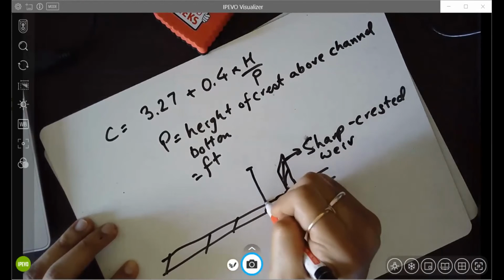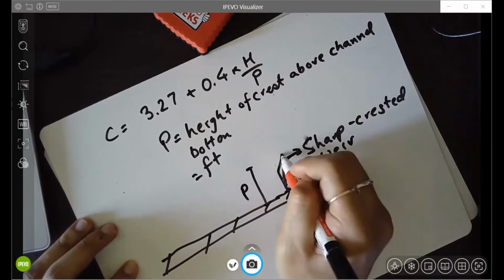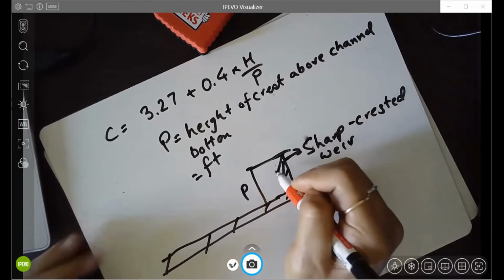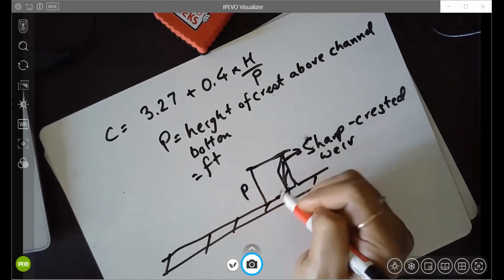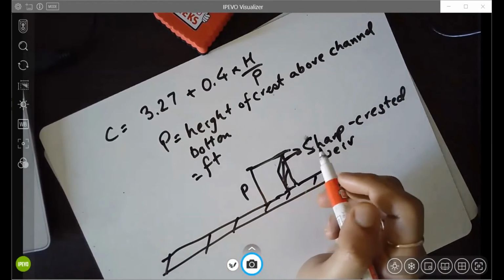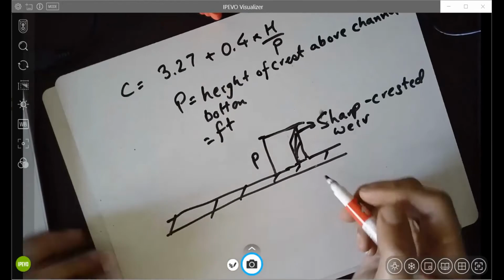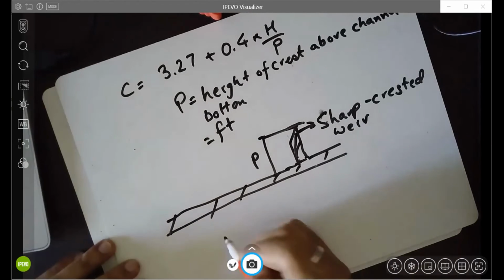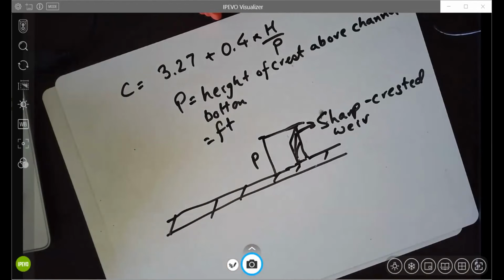So P is the maximum height of the weir, basically. All right, so this is how you solve the question.